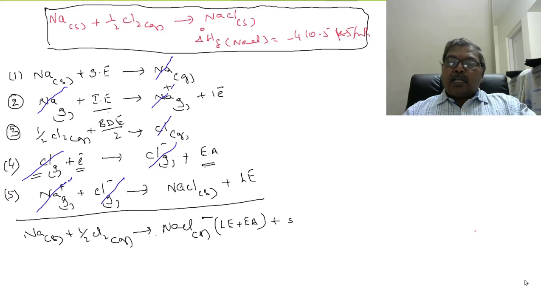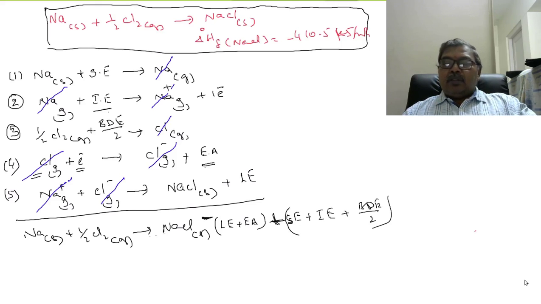So sublimation energy, ionization energy plus BDE by 2. This is endothermic, this is exothermic. So this must be equal to minus 410.5 kilojoules per mole.